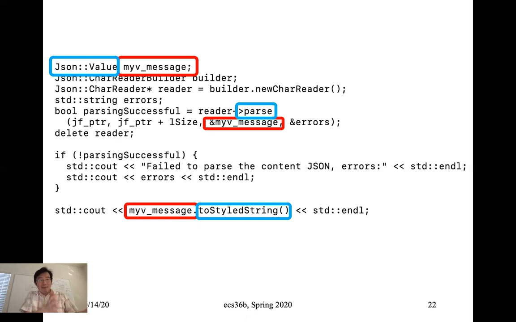And I convert this region of information into, and this is called call by reference in C or C++, you see that I'm passing a reference, my v underscore message. Just a refresher for some of you who are unfamiliar with this concept: anytime you call a function with an ampersand, that means an address is passed into the parse function, and the parse function extracts and puts information into that location.